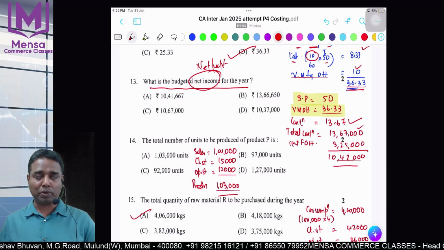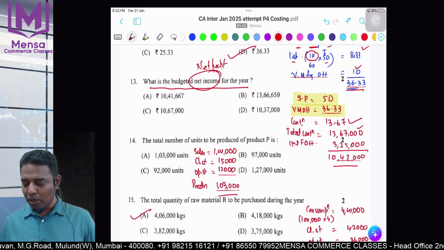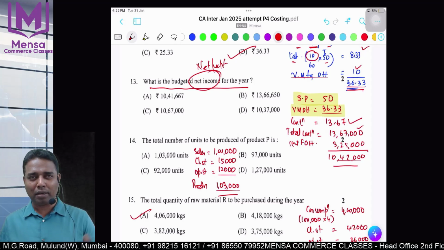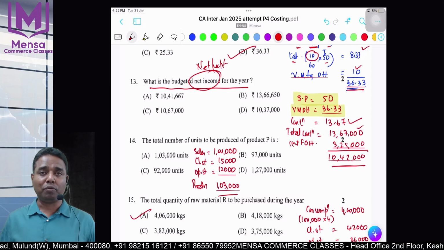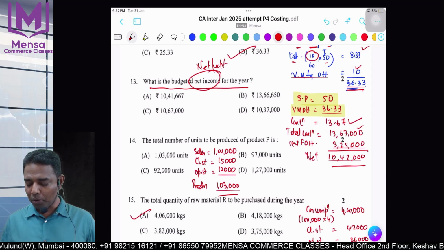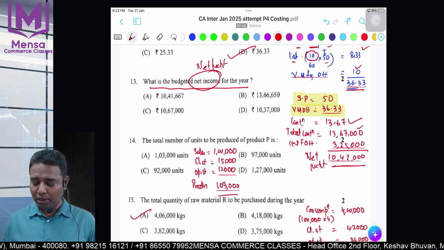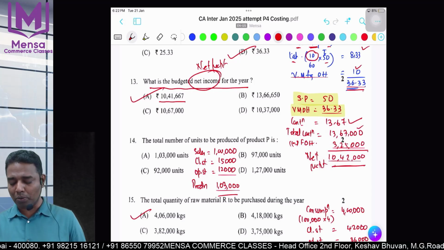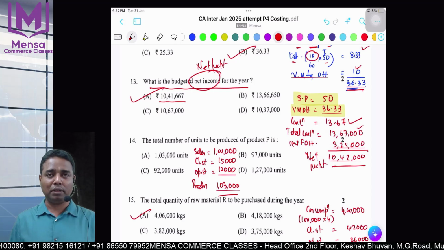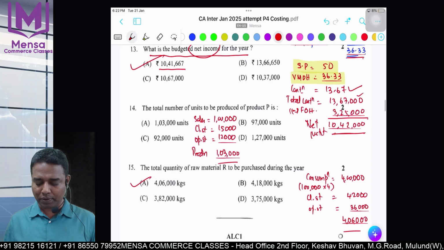Two fixed overheads were there: one is manufacturing, the other is selling and distribution. So 3 lakh plus 25,000, total 3,25,000. If you subtract, 10,42,000 is the net profit. So the closest is 10,41,667. Since we have rounded off 36.333 till that point, you can take it as 10,41,667.